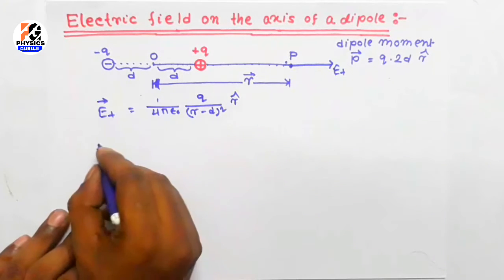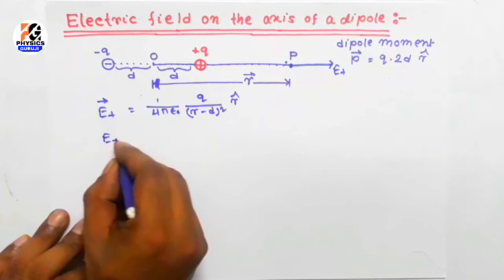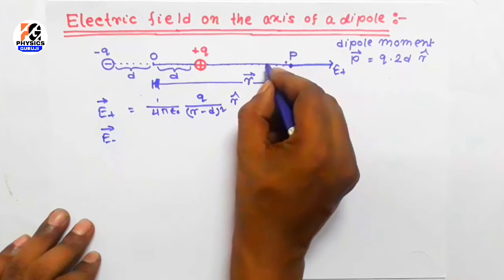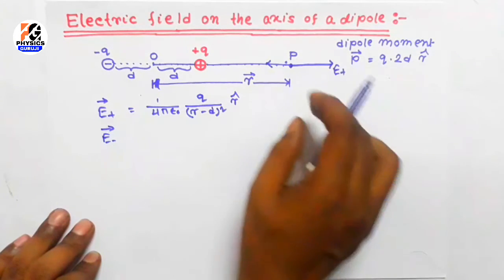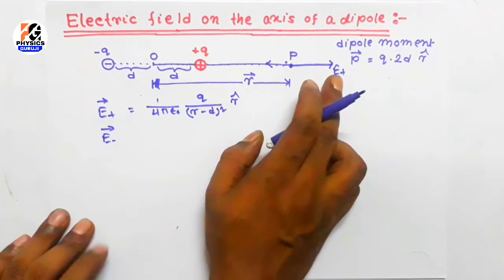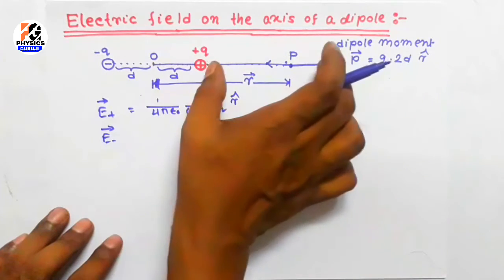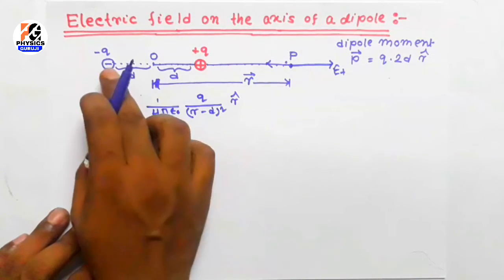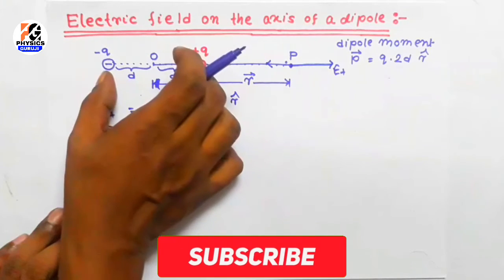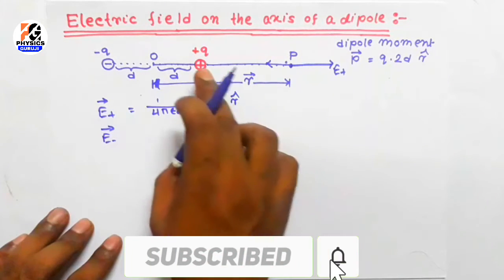For the negative charge the electric field will be E minus and its direction will be in this direction, and the magnitude of E minus will be less than E plus because both charges are the same here, but the negative charge is 2d distance more distant than the positive charge.